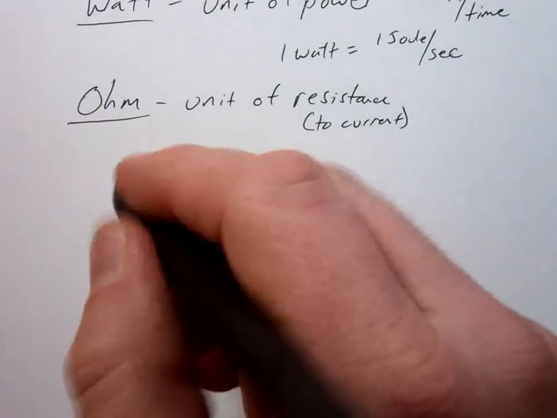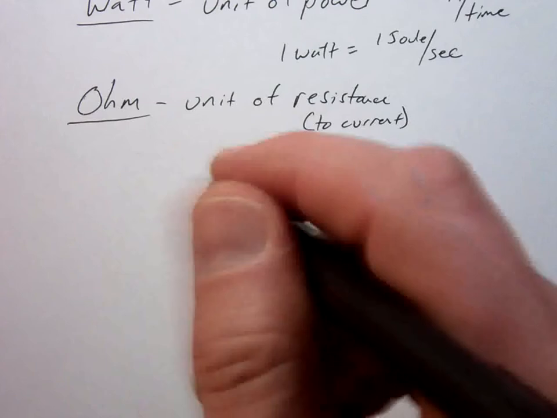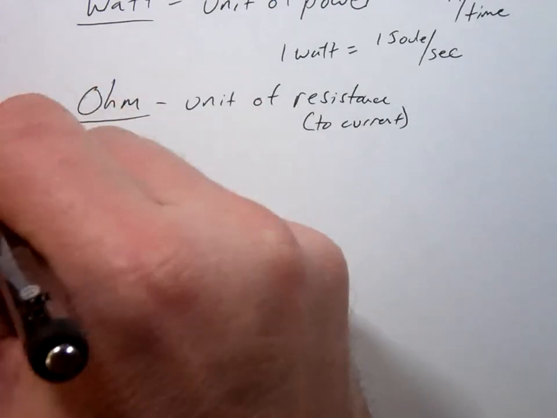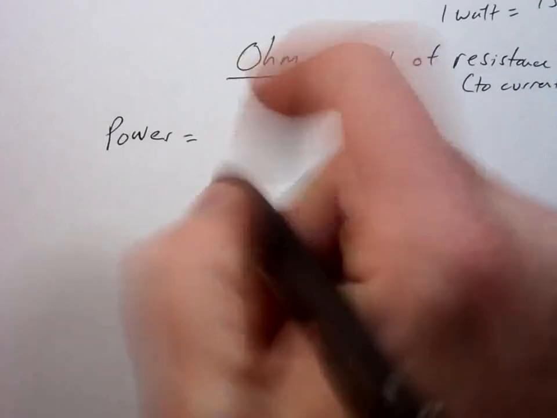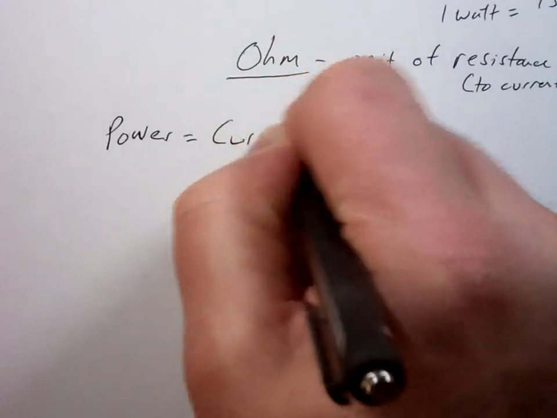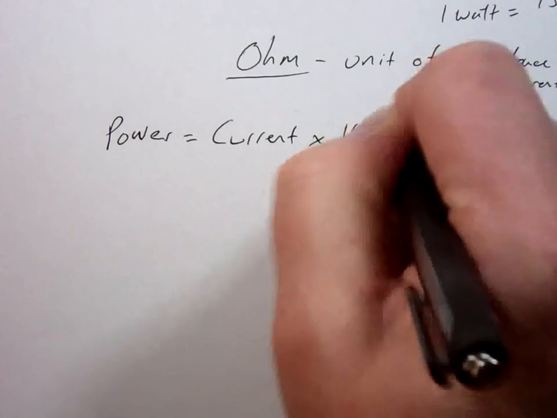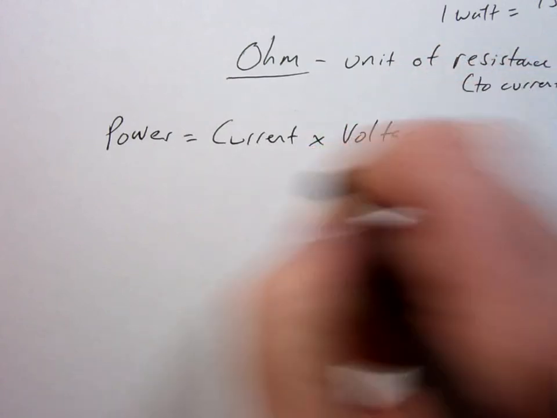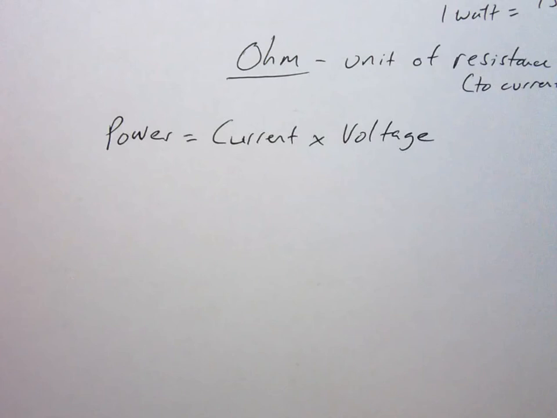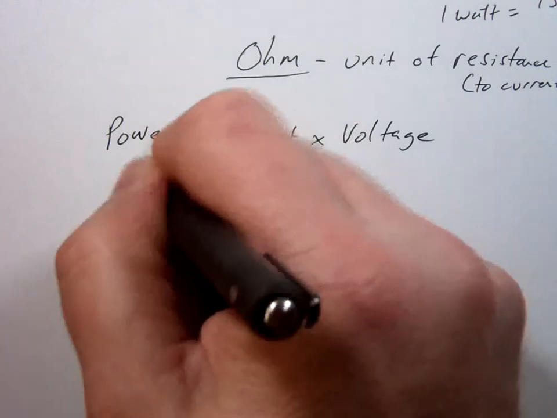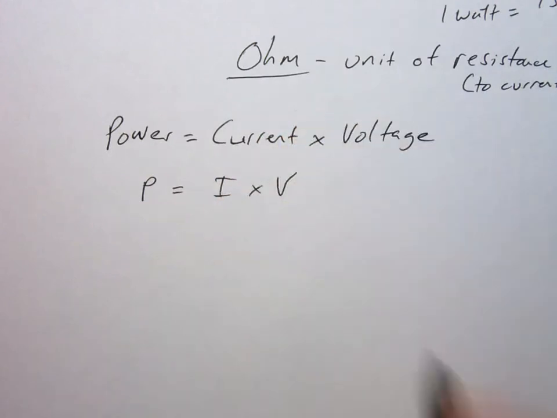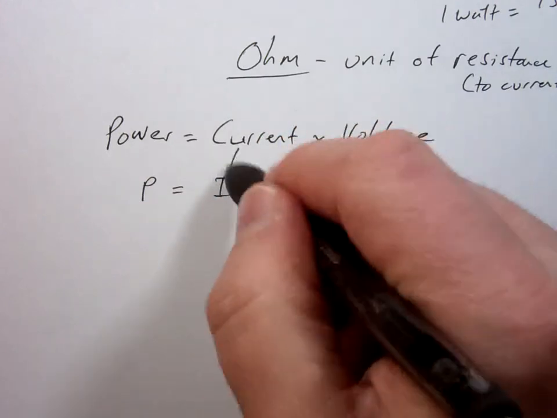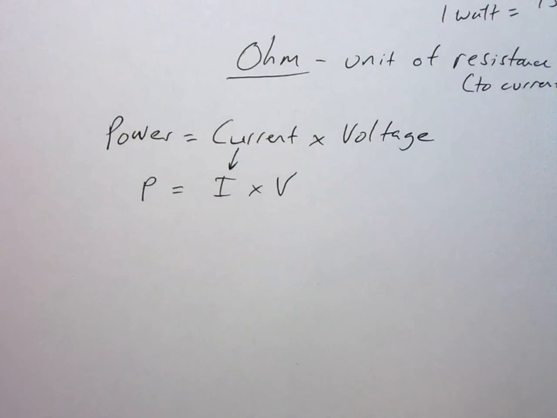The equation for power equals current times voltage. Power equals current times voltage. The way this is expressed is P equals I times V, or P equals IV. I don't know why current is I. That doesn't make a whole lot of sense, but it is, okay?